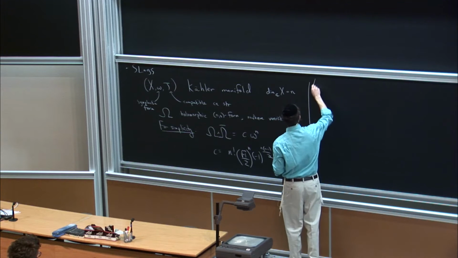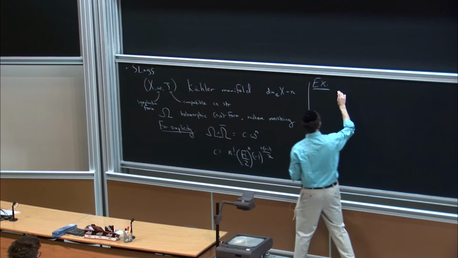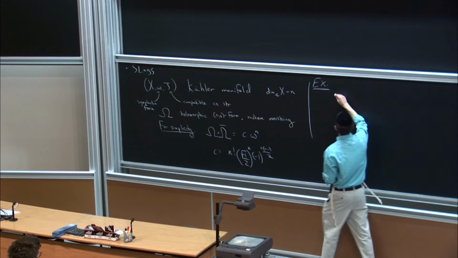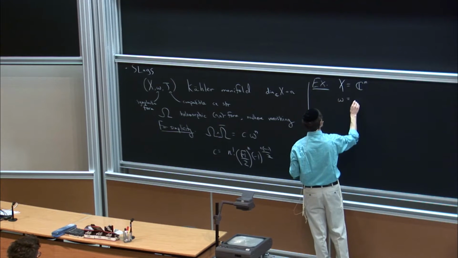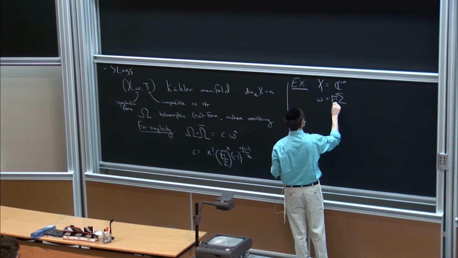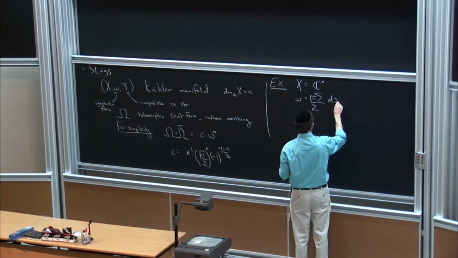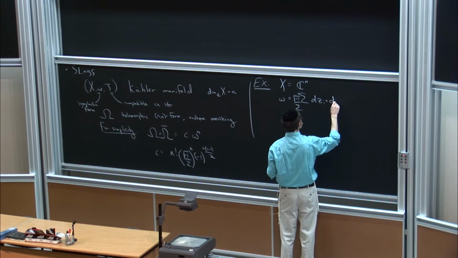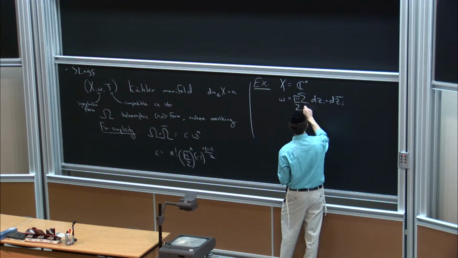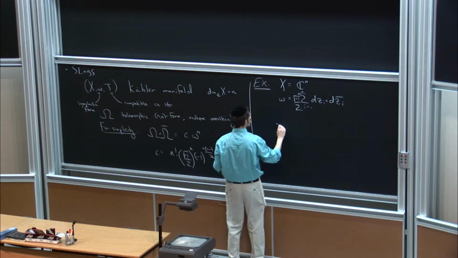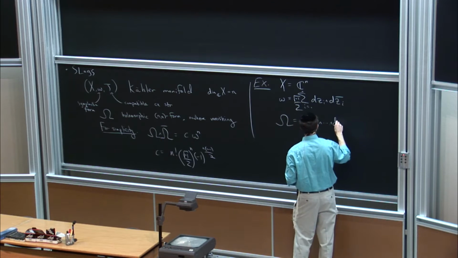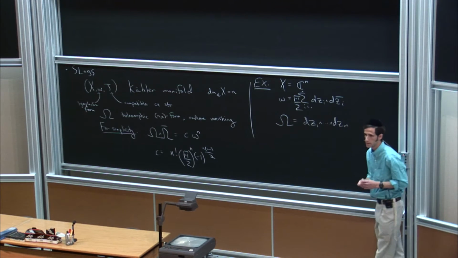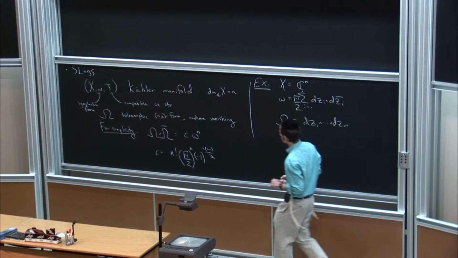The example, which will be the main example later in the talk, is we take X = C^n, omega the usual symplectic form, and big Omega just the product of the dz's.